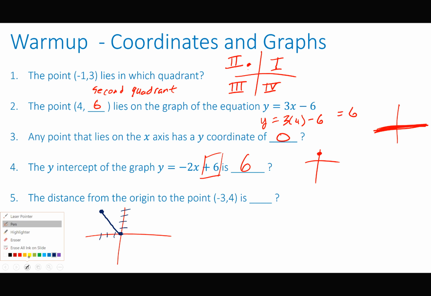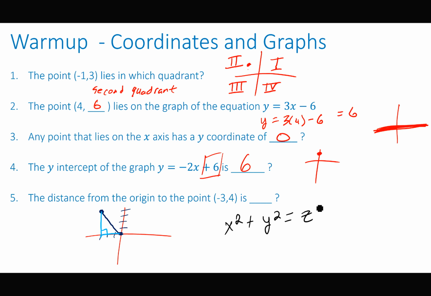What if I made this into a triangle, and specifically a right triangle? How does that help us? Pythagorean theorem, which remember is x squared plus y squared equals z squared. We're trying to find this z distance.